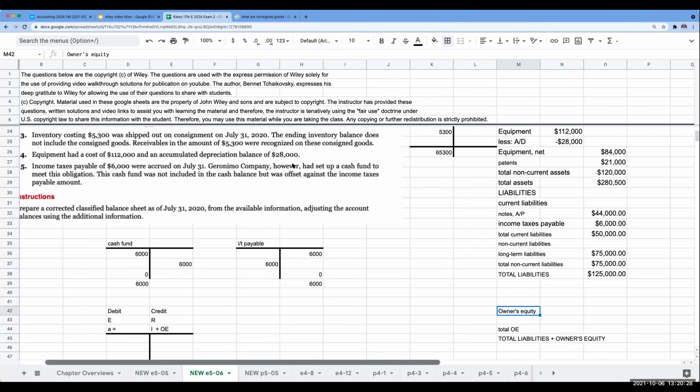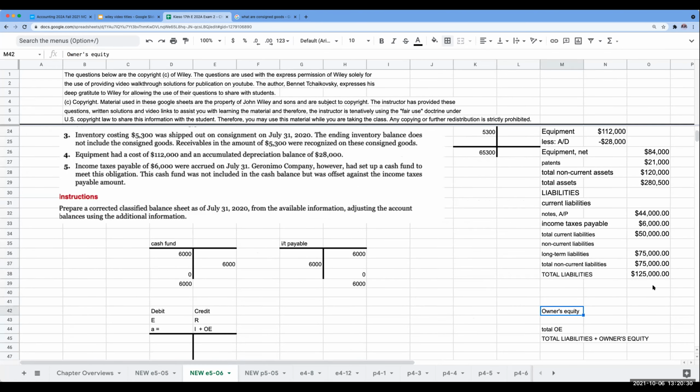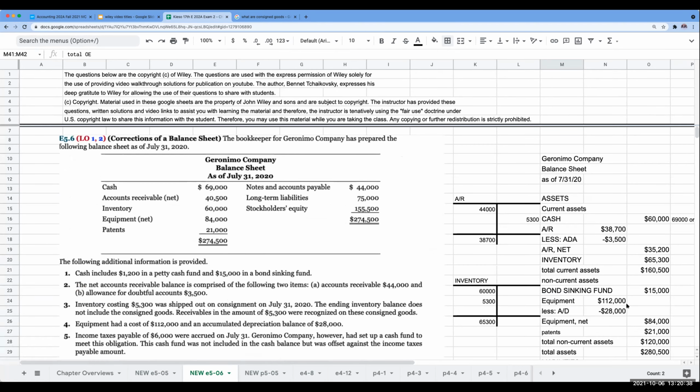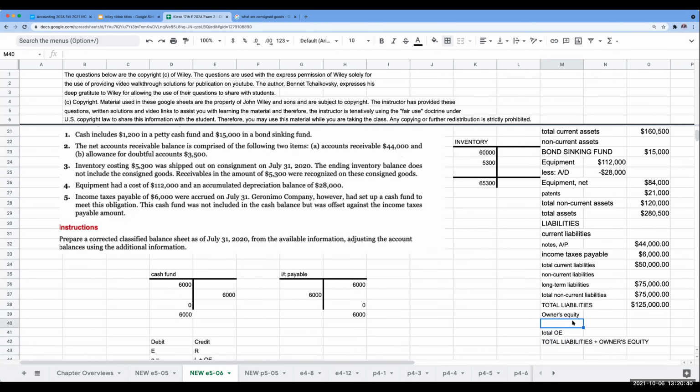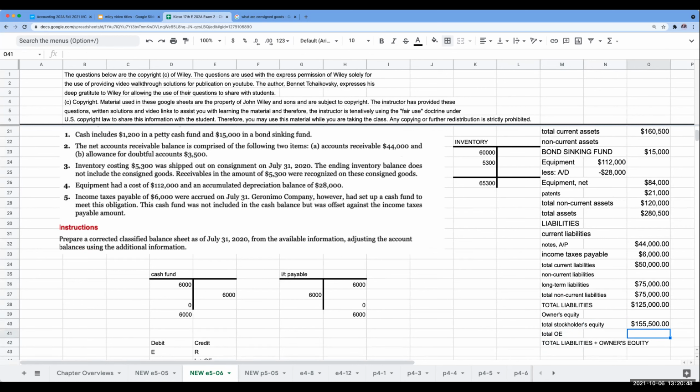Okay, so this is the last piece of additional information. So for my owner's equity, and again, you probably wouldn't see it like this. My owner's equity is just listed as 155.5. Right, and why wouldn't you see it like this?